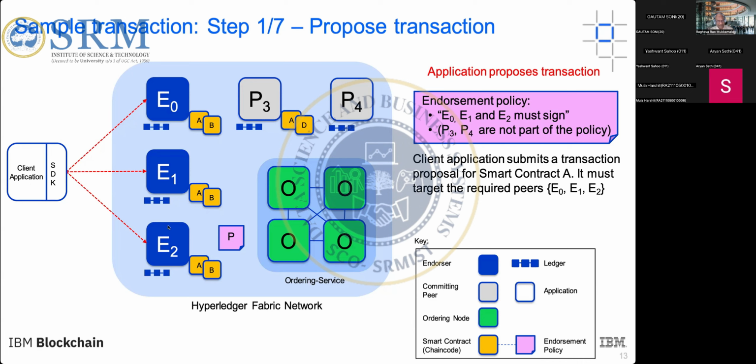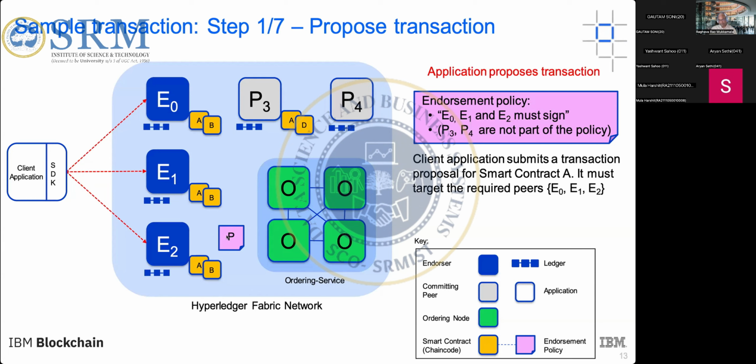So we have three endorsement peers, E0, E1, E2, right? So they contain the smart contracts. For example, in this example, we have two smart contracts, A and B. These are two different types of smart contracts, with different workflows for each process. And then we have an endorsement policy.